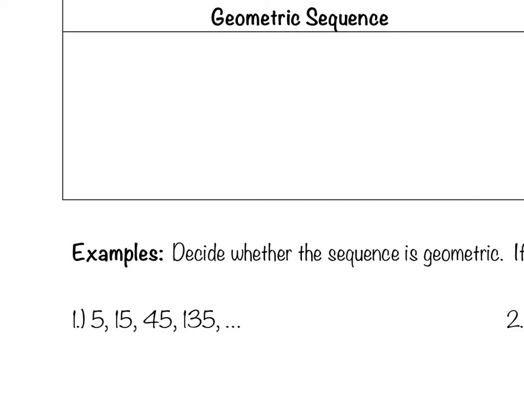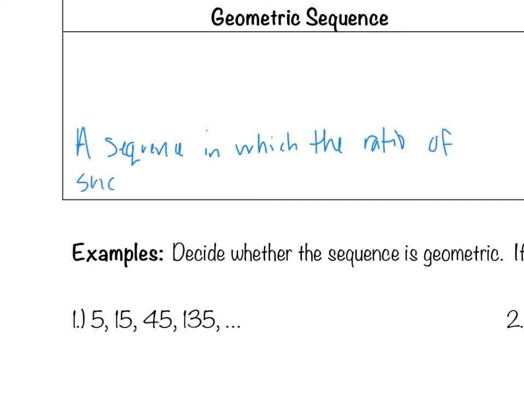A geometric sequence is a sequence in which the ratio of successive terms is the same.